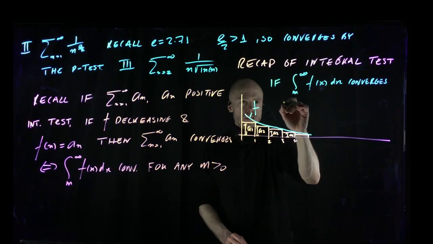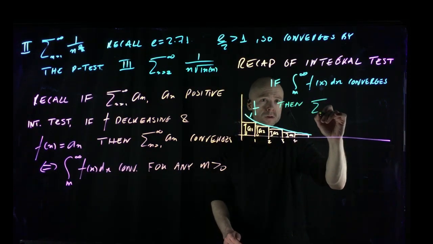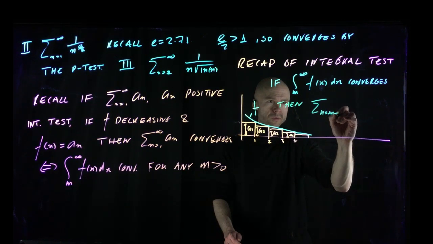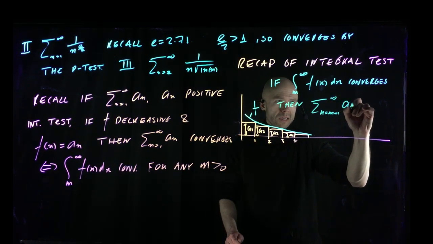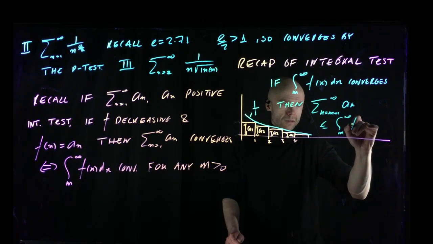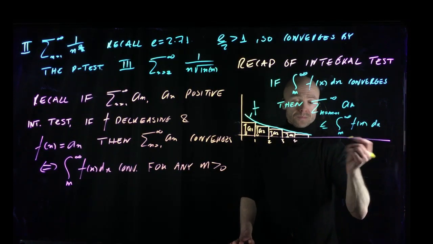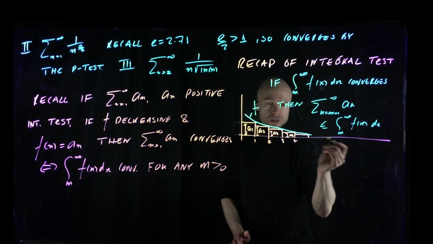So that means that the sum from k equals m plus 1 to infinity of a k is less than this thing, just from the picture, right? The series converges.